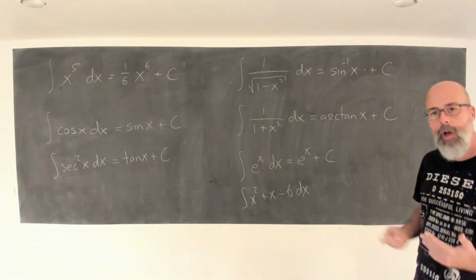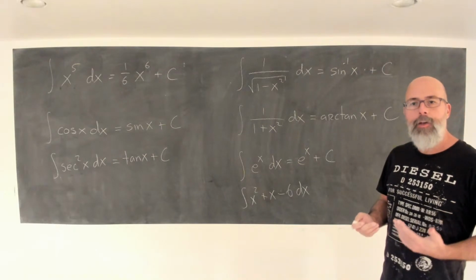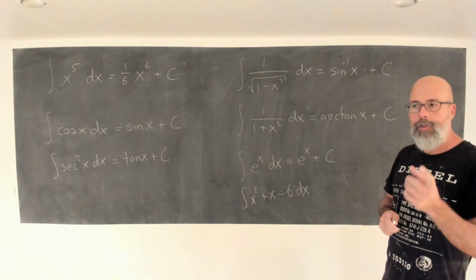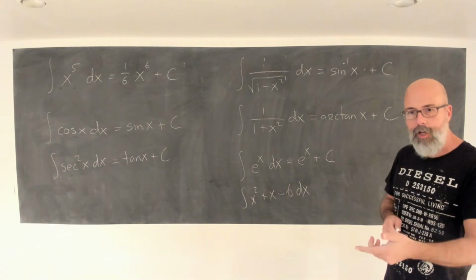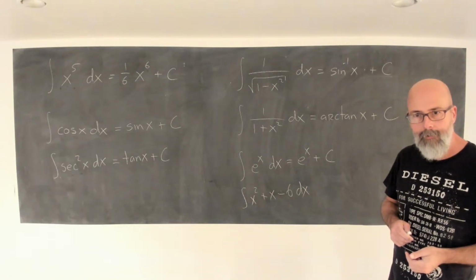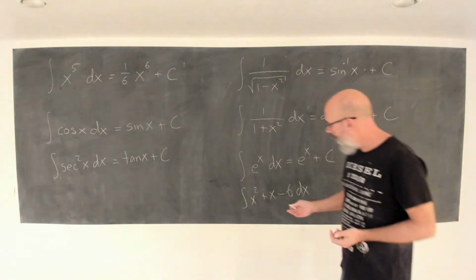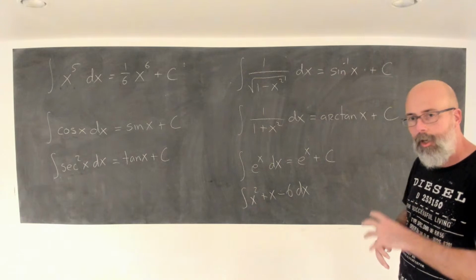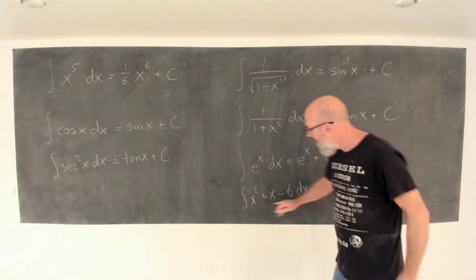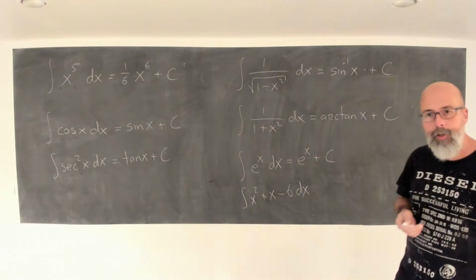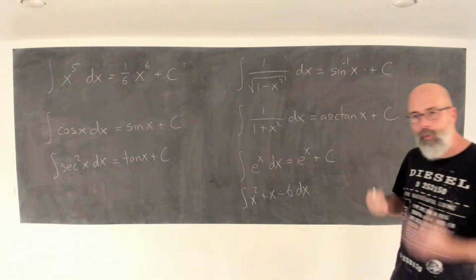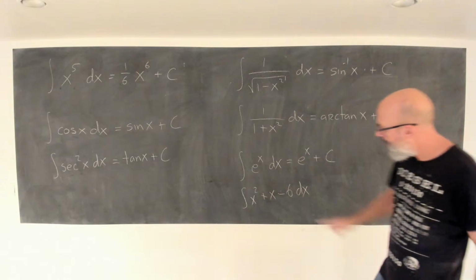Now, in the same way that you know the derivative to be linear, right? The derivative of a sum is the sum of the derivatives. And the derivative of a constant times a function, you can just differentiate the function and multiply the constant back in. The same has to be true for the antiderivative, meaning that you could split this up into 3 different antiderivatives.